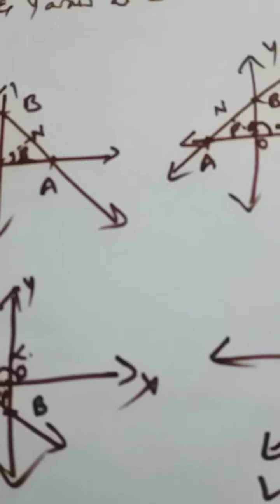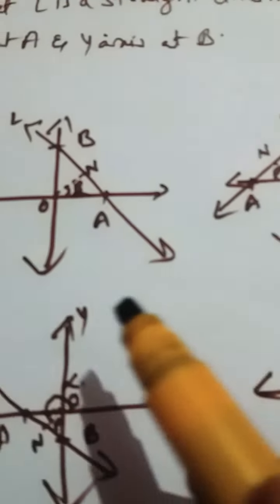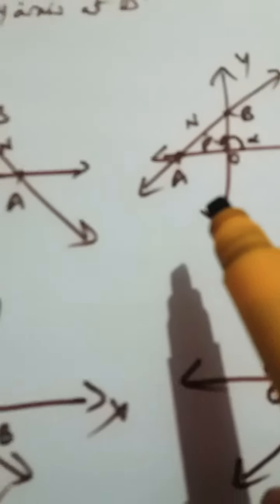So, these are the four cases in which our line L lies in the first, second, third and fourth quadrant.